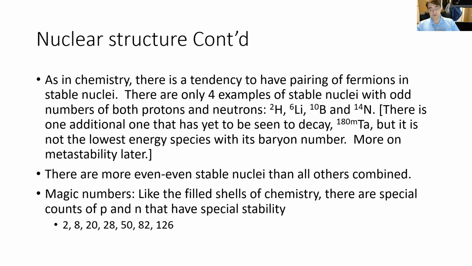Because protons and neutrons bind basically the same way, the magic numbers are the same for protons and for neutrons. So 2 protons is a magic number, 2 neutrons is a magic number, 8 neutrons is a magic number, 8 protons is a magic number; 20, 28, 50, 82, and 126 are the ones that are known.